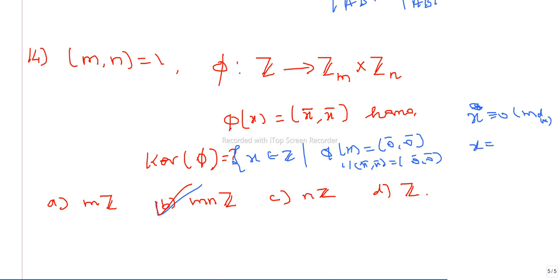Similarly, the same x, if you take modulo n, that is also 0. The only possible x is one that is a multiple of both n and m. Then only if you take modulo m or n, you will get 0. Otherwise you will not get 0. Therefore, the kernel should be multiples of both m and n, that is mnZ.